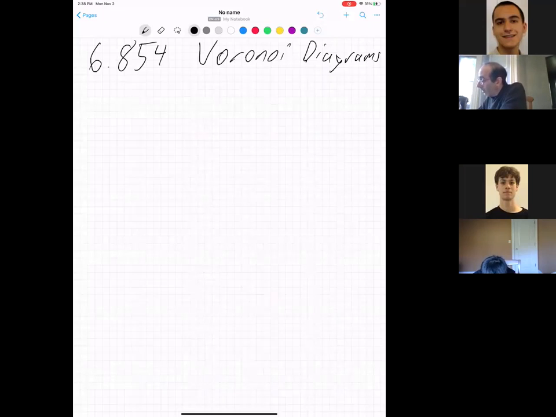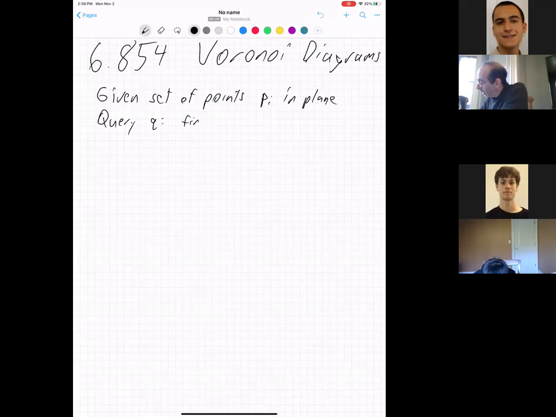So the idea is, if you're given a set of points pi in the plane, and you want to answer queries for a given point q, and you want to find the nearest point.